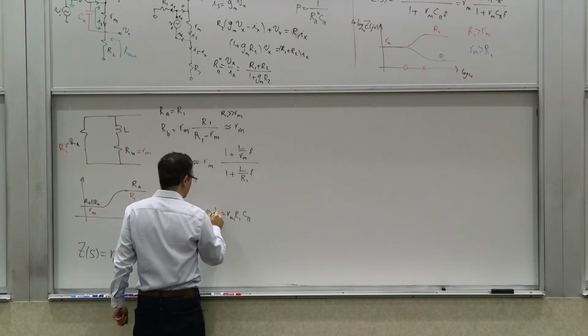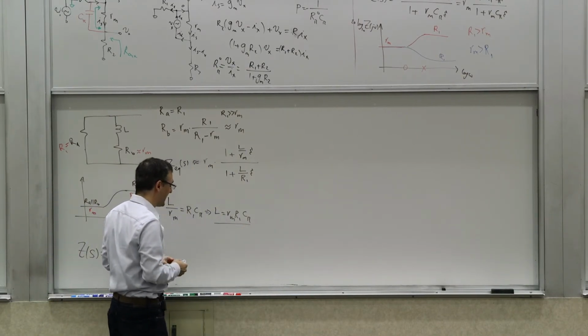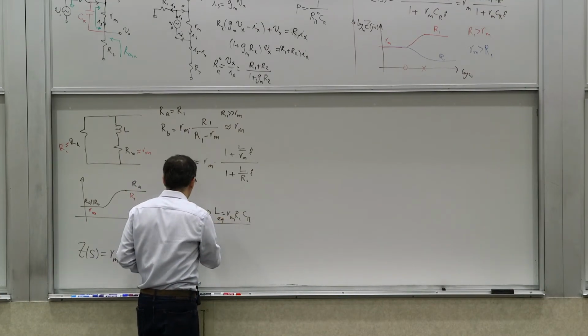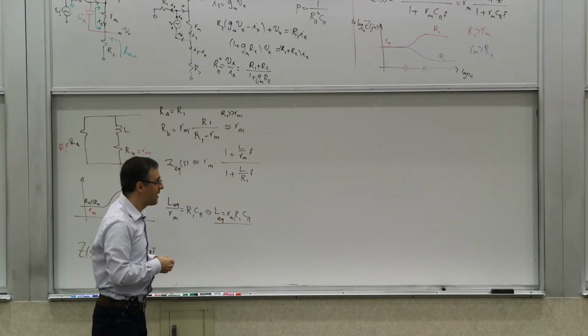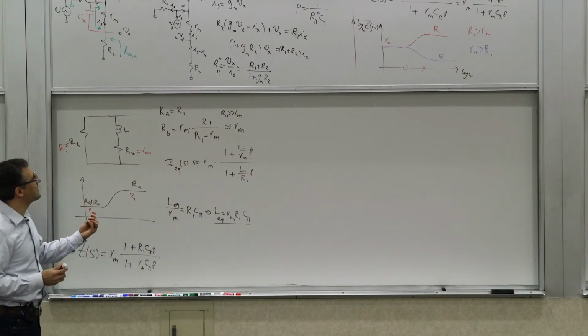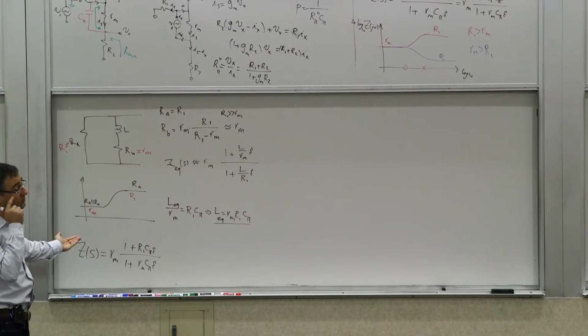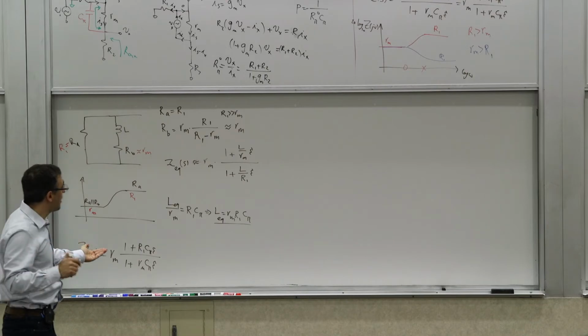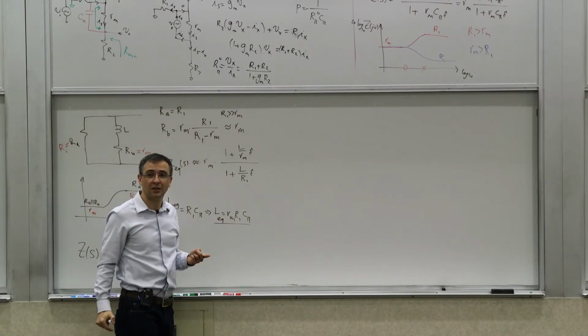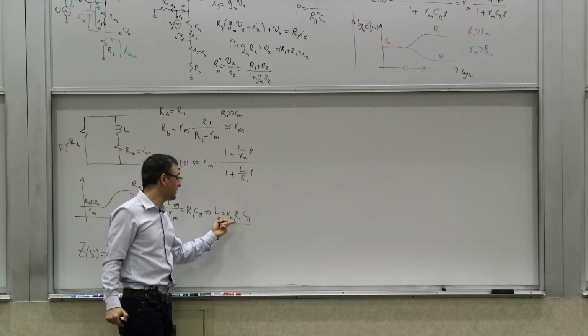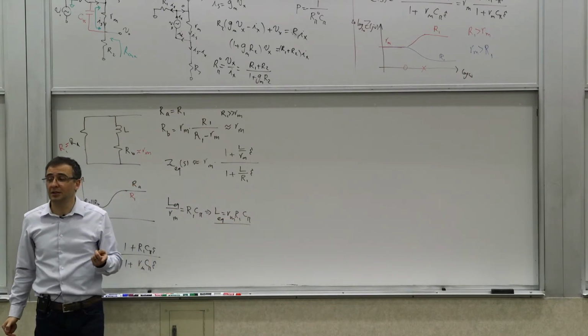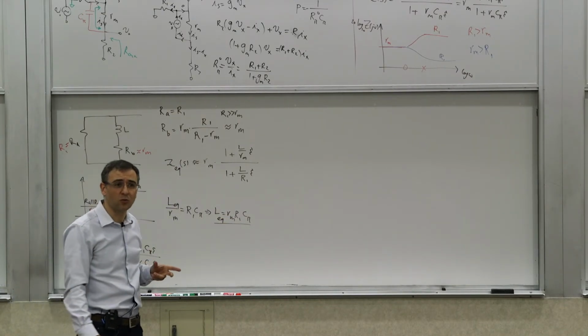So that is the L, the inductance. The equivalent inductance, L equivalent. It means that the output of this stage, if R1 is much greater than Rm, is going to look like an inductor of this value. So by just choosing the values of Rm and R1, you can tune it to look like an inductance that you want.